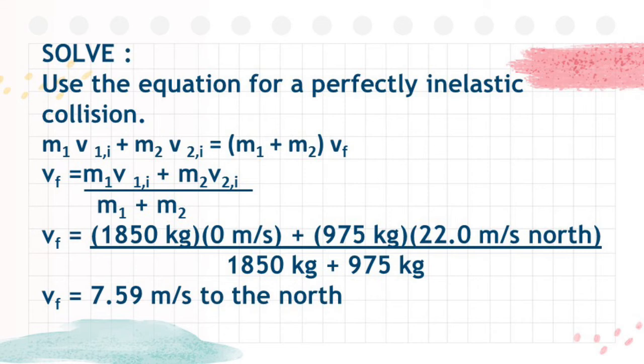The formula for finding the final velocity, vf, is equal to m1 times v1i plus m2 times v2i, all over the combined mass of the first object and the second object.